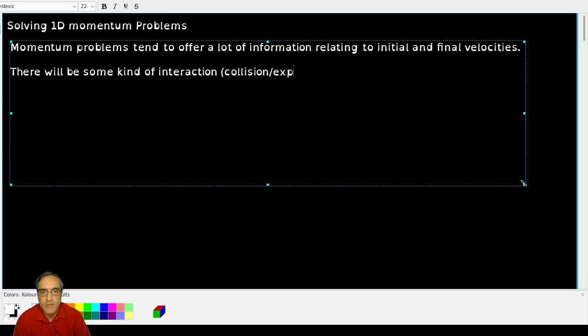Collision, explosion, something like that. The reason why that's significant is energy problems don't deal well with actual collisions between two objects. They really don't handle that well at all. If it's inelastic, you can forget it. Energy methods will be a disaster. So if you meet those two conditions, you should be starting to look in the direction of a momentum problem.